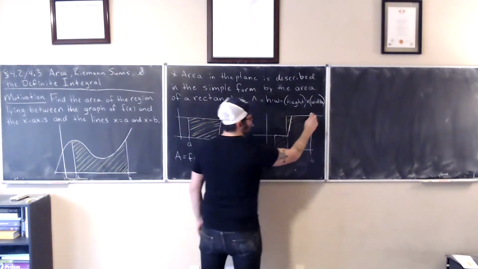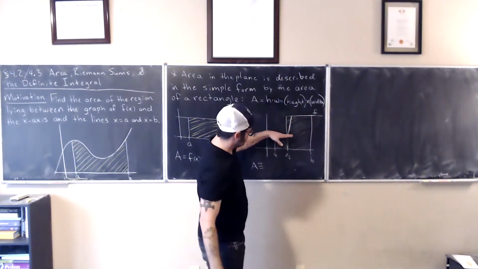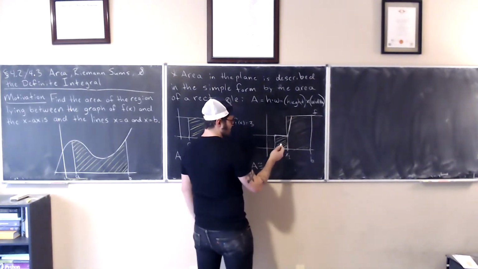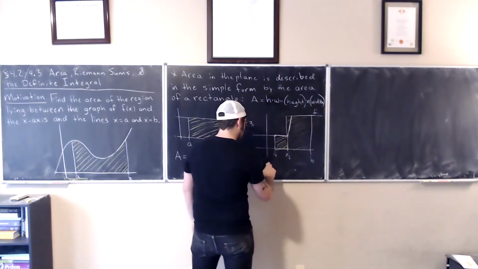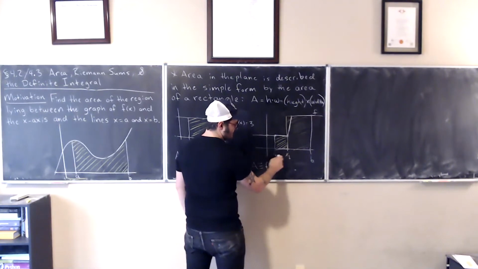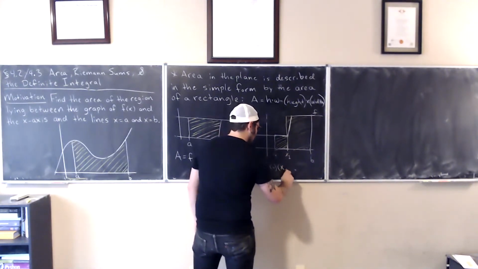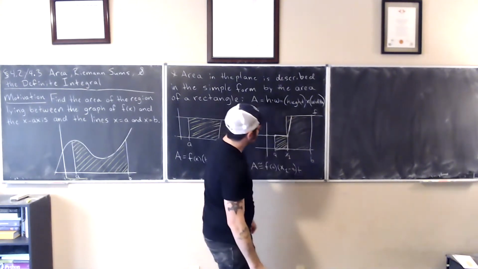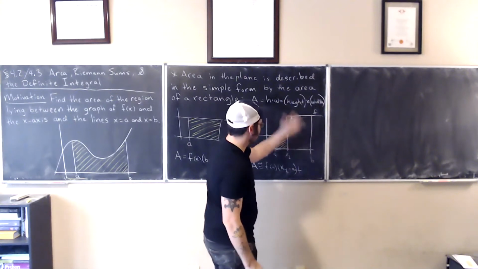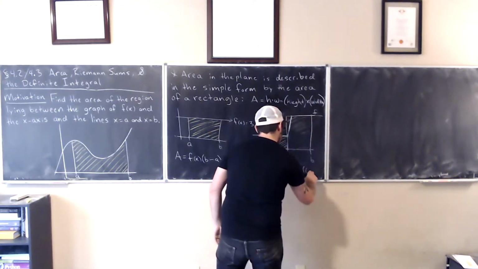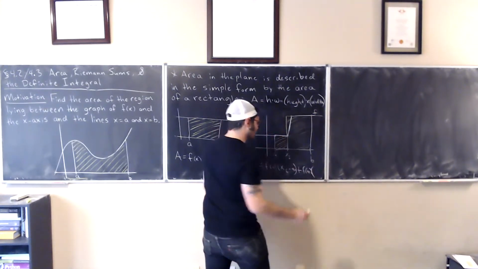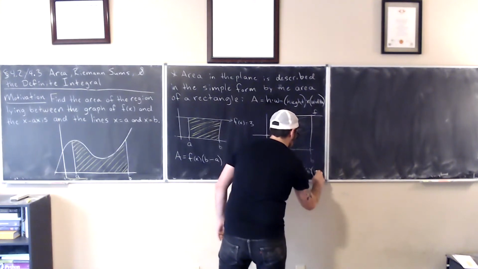We'd have the area as approximately, so it looks like the function, this is f, on this interval here, it's going to be whatever that is. So I would say f of a times whatever the width of this is, so x1 minus a, plus the height here that we made, which was f of b, times the width, b minus x1.